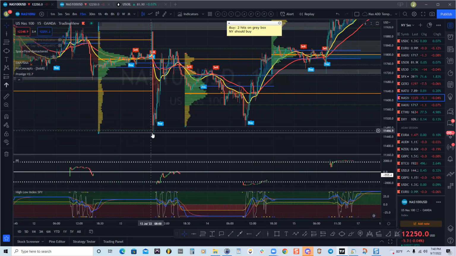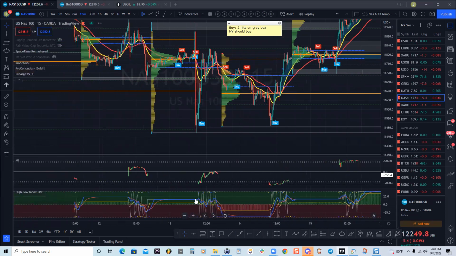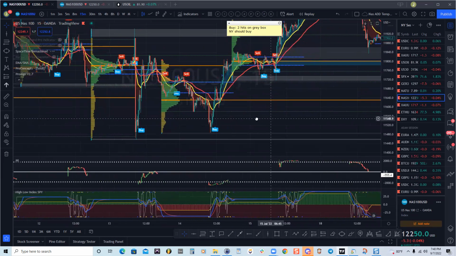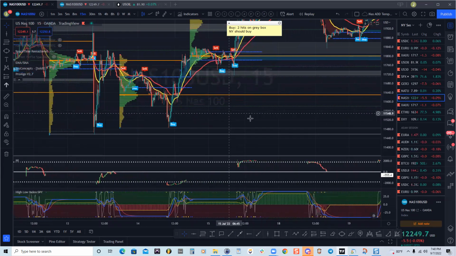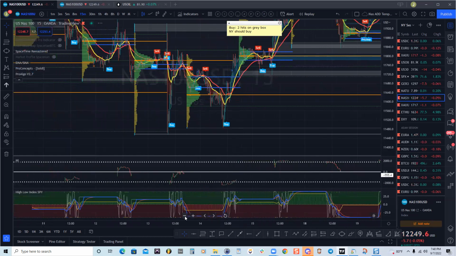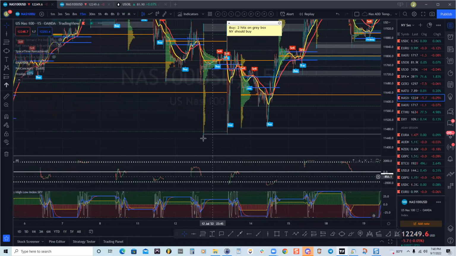You could work with this one here. Let's see. I guarantee you that the next time it touches is a buy. Let's see if I can. Right here, that's touch 1, right?